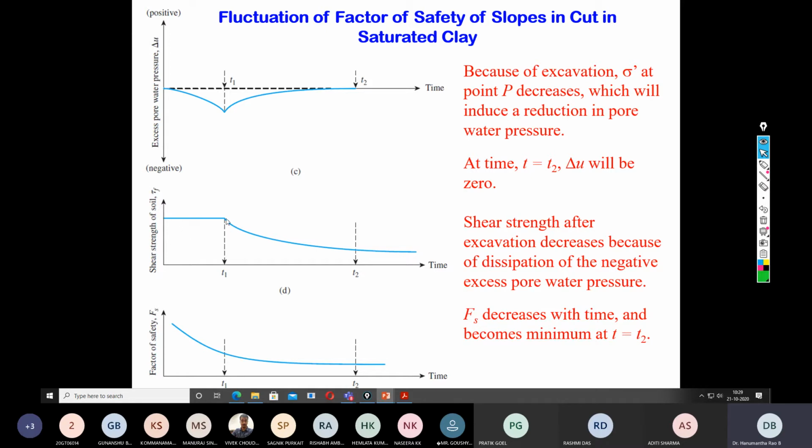Initially there is some amount of shear strength. With the decrease in pore water pressure, there is a decrease in shear strength because this is removal of load. Correspondingly there is a decrease in the factor of safety also. As there is a decrease in the shear strength within the soil, consequently there is a decrease in the factor of safety.